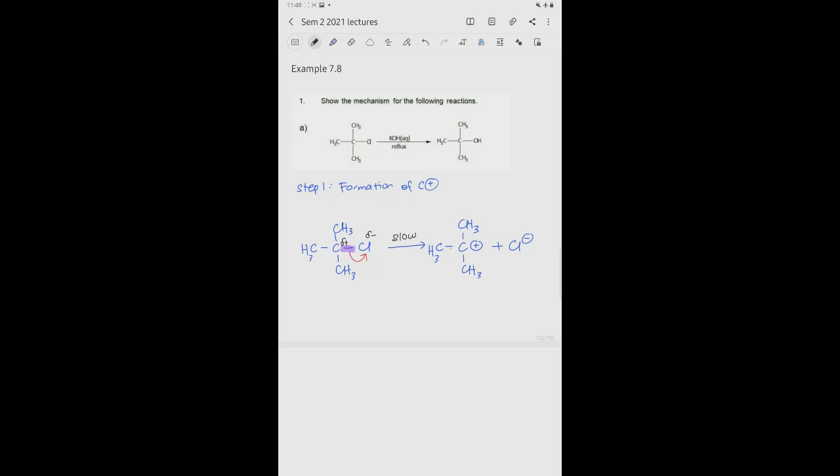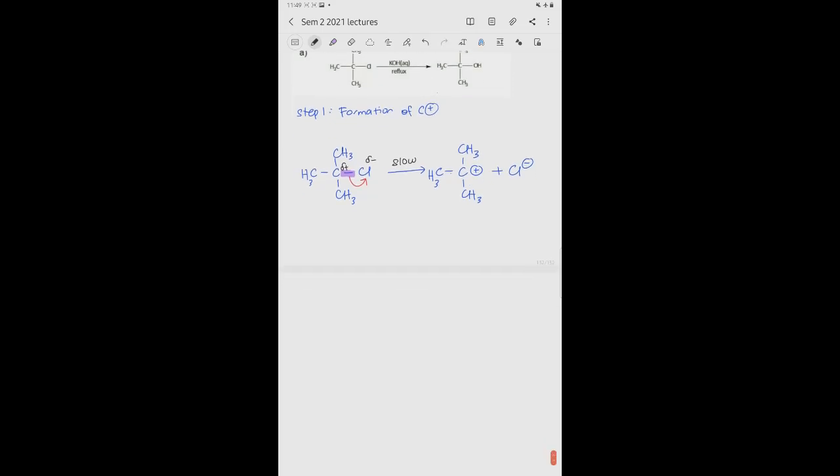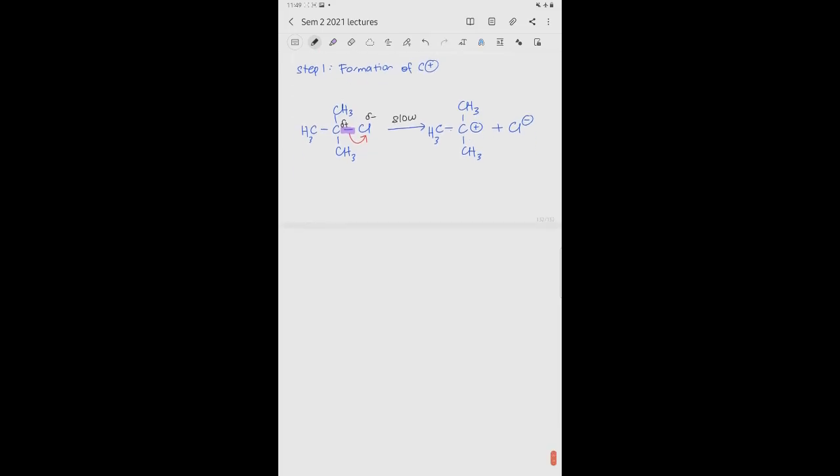So that's the first step. Now let's go to the second step. For step 2, it involves the nucleophilic attack on the carbocation.